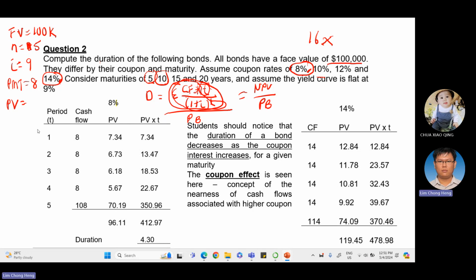And then you use your financial calculator. And may I know which brand you use? Which calculator you use? HP.